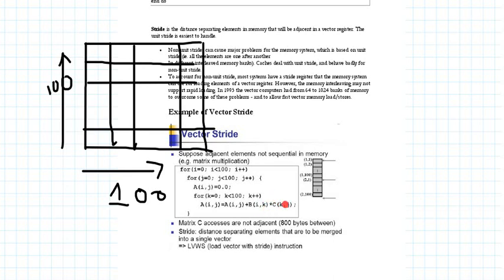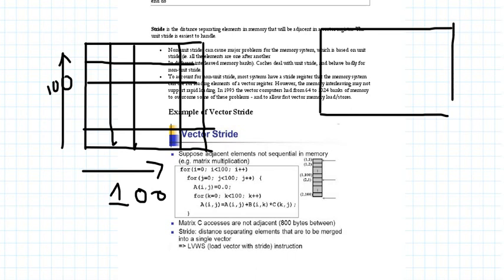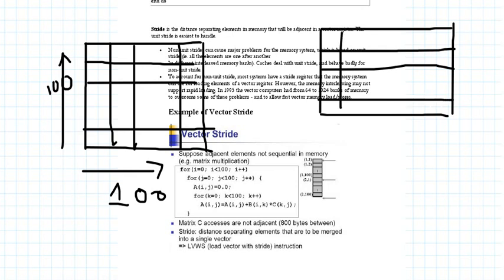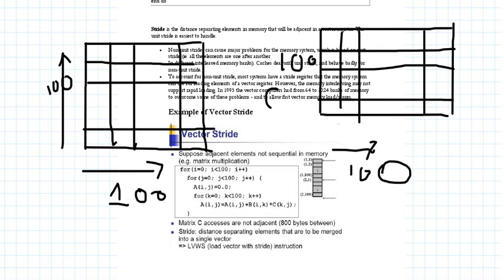Have you been able to figure out why this happens? Say this is your C matrix. In C matrix, once again, you have 100 rows and 100 columns.